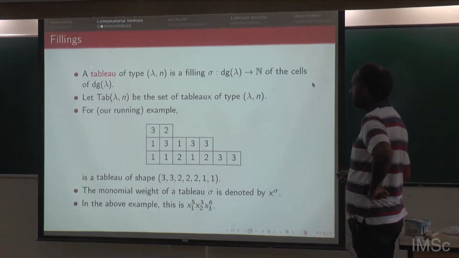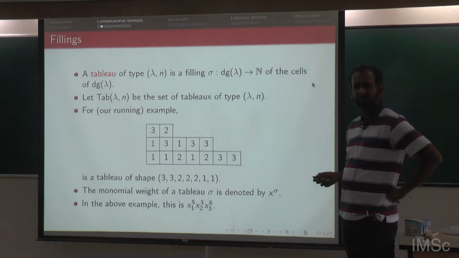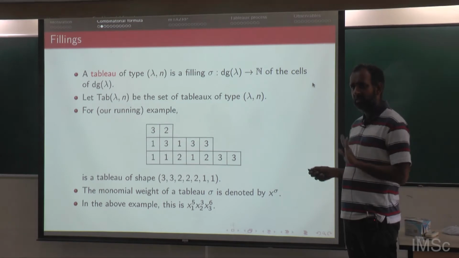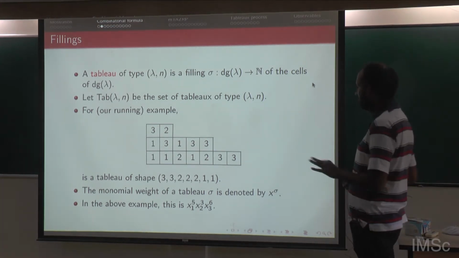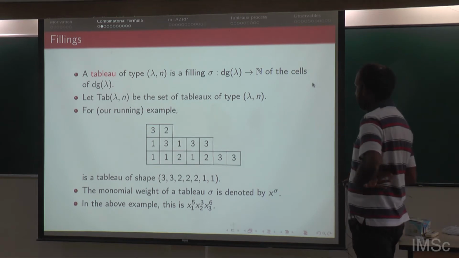So we will consider fillings. A tableau is just a filling of these with positive integers. And unlike semistandard or standard tableaux, we have no restriction. You can fill anything with anything, and there's no decreasing or increasing in any direction. Tab lambda n is the set of all tableaux of type lambda with entries in 1 through n.